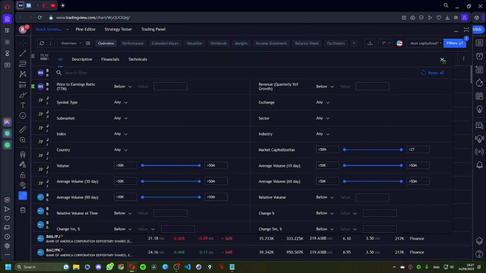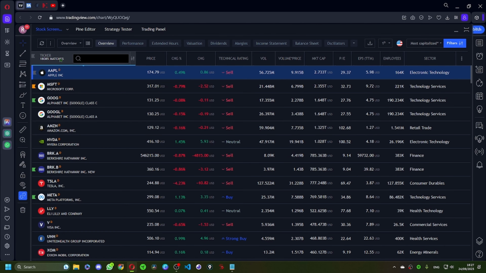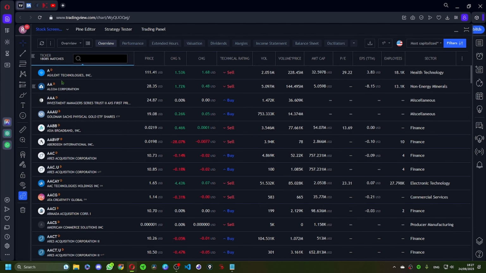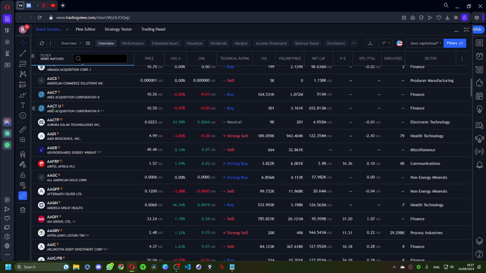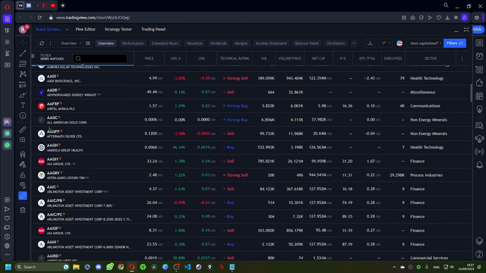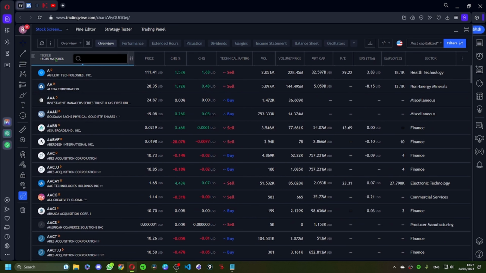If I just cancel all of these, you can see that there are 18,000 tickers here. That doesn't mean they're all just companies. There might be some duplicates, as I already said. However, you can see that most of these are just singular companies. So there are really a lot of these, and you can just search for all of them.